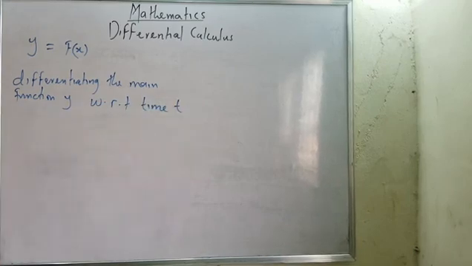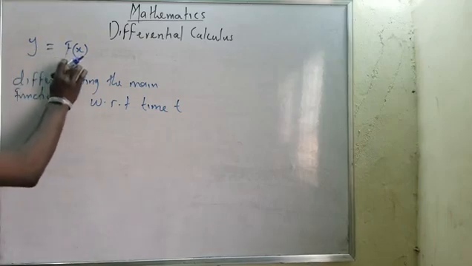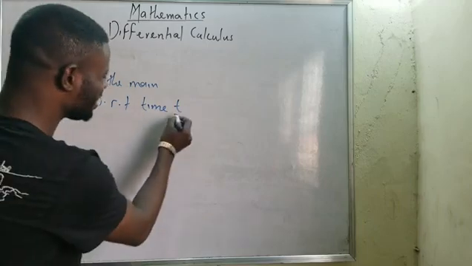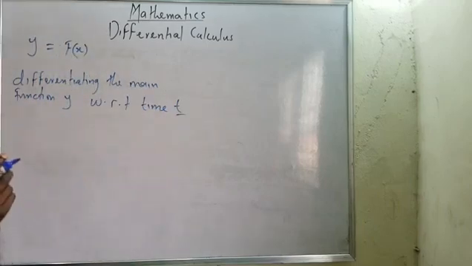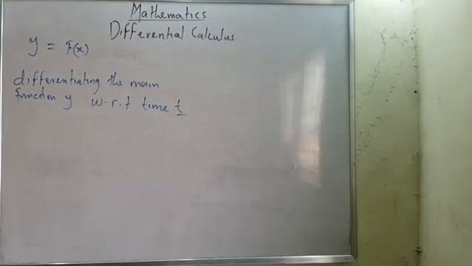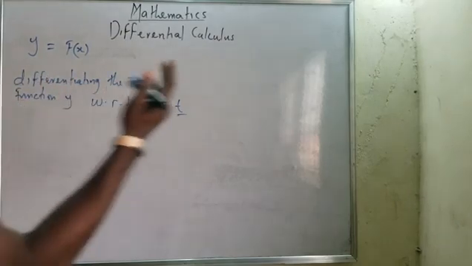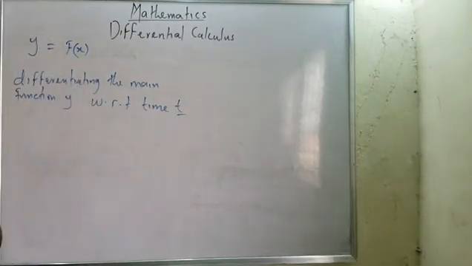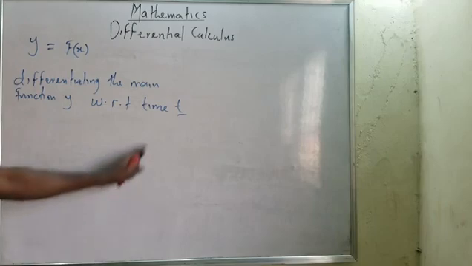Now, can you see that there is a problem? This is a y function, this is an f of x function, and now we are moving to a t function. There is a connection between these, because in this function there is nothing showing t, and you are asked to work towards t.